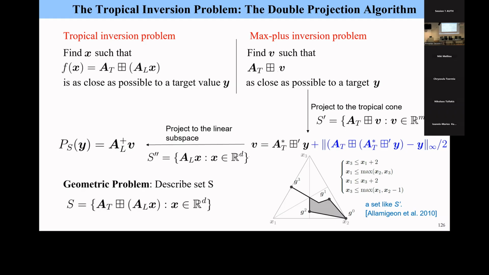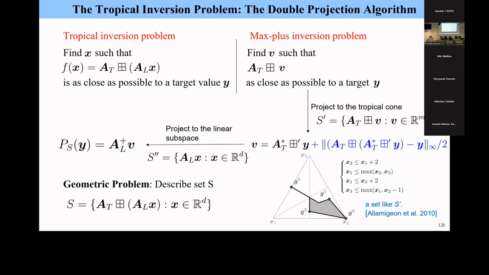This expression in blue can be geometrically interpreted as projecting to the tropical cone and finding the vector v by using this projection, where we take the data vector, which is our target, the data vector y, perform a vector erosion with the adjoint matrix A star, adding to it this constant in blue, which makes it the unbiased optimum solution in terms of the L1 norm.